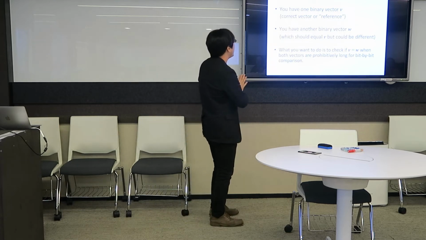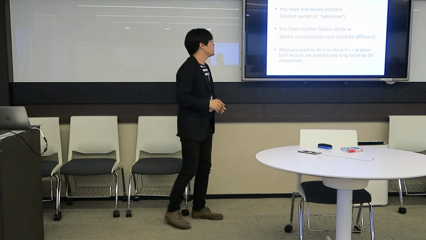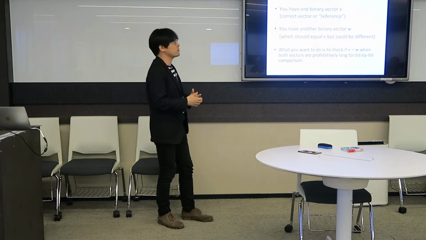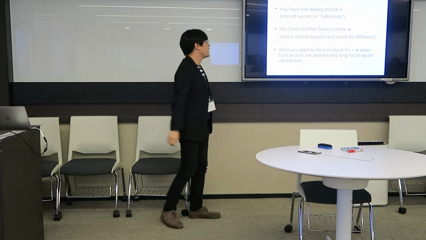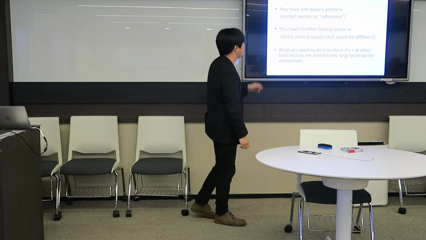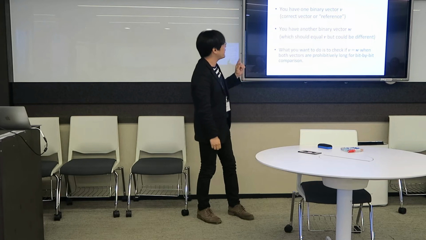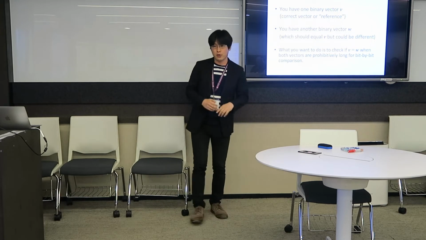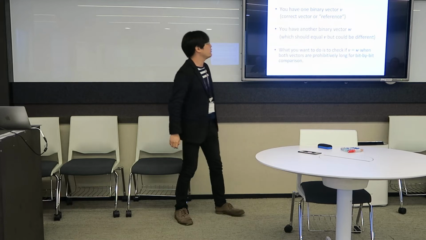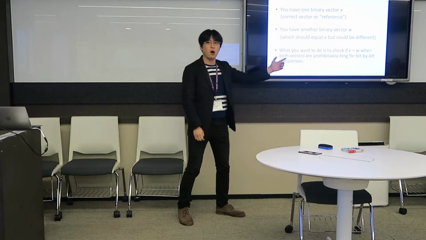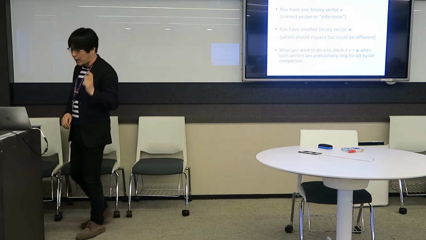Say you have one binary vector called V, which we call the reference, which is supposed to be the correct one, the golden reference. And you also have another binary vector, let's call it W, which should be equal to the reference vector, but could be wrong. So there might be some discrepancies between V and W.